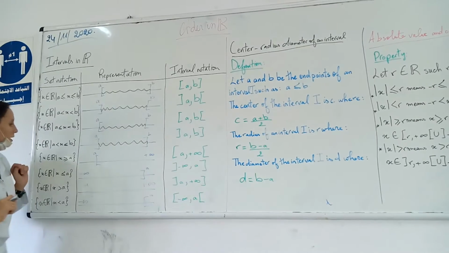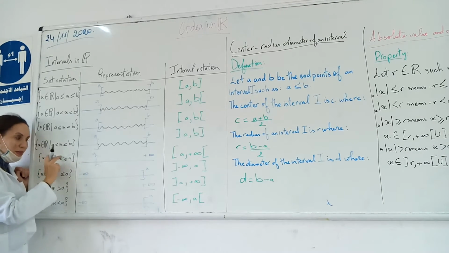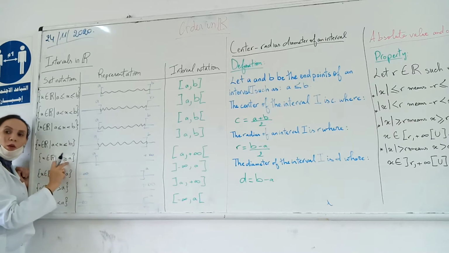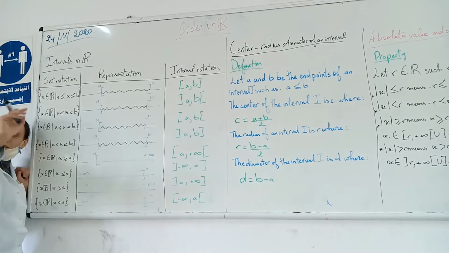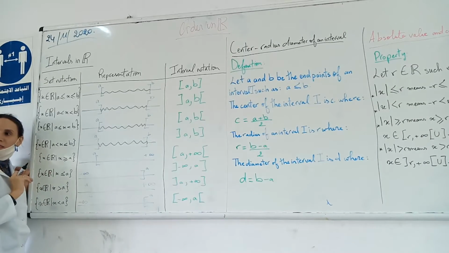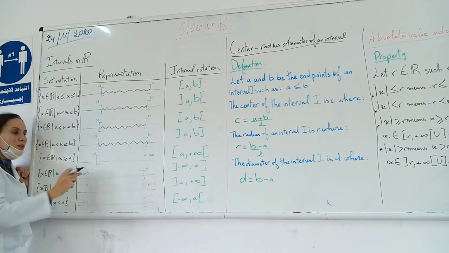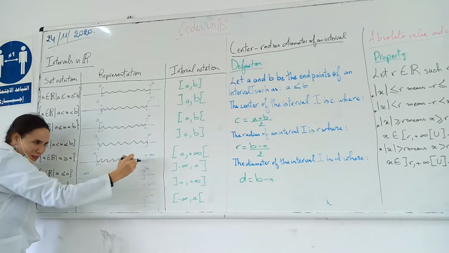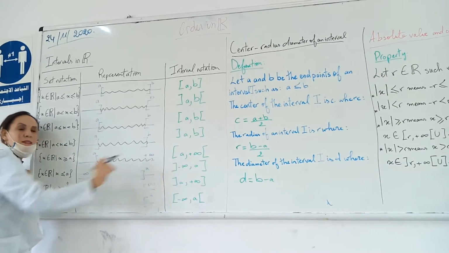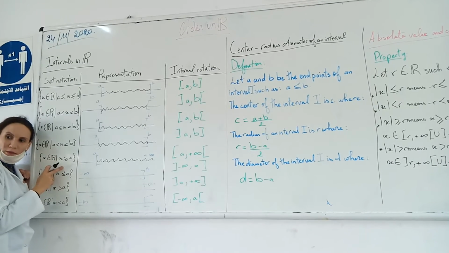If we have X belongs to R and X bigger or equal A, in this case X belongs to [A, plus infinity). X is bigger or equal A, so the closed interval in A. You have A plus infinity because you have here bigger or equal.